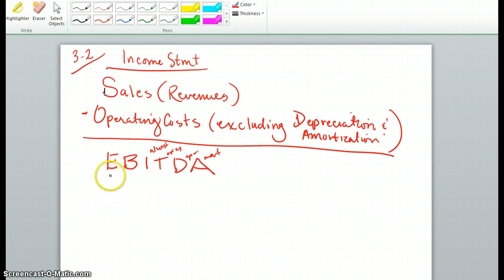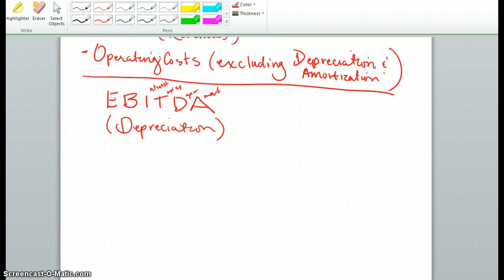After EBITDA, then, we're going to subtract out depreciation. What we're interested in at this point, we want to figure out what our net income is based on operations, and so we have to go through these little steps because we'll end up with different portions of the income statement that we'll be using.